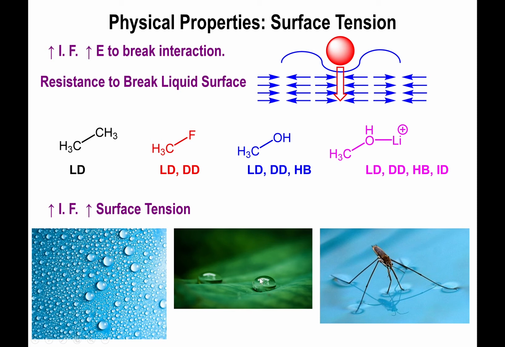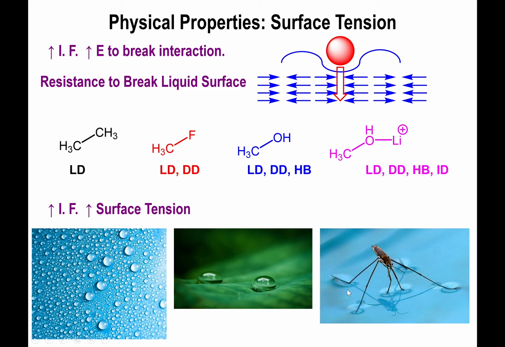The water kind of creates this spherical shape because by doing that, it maximizes the number of interactions among the water molecules while minimizing the interactions with the other surface. And that's completely a surface tension characteristic of water, which is a result of its high intermolecular force of attraction among molecules.